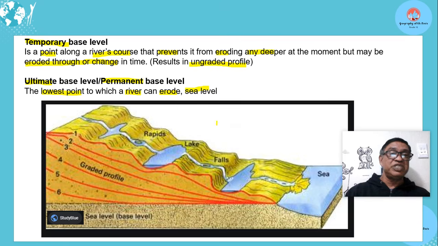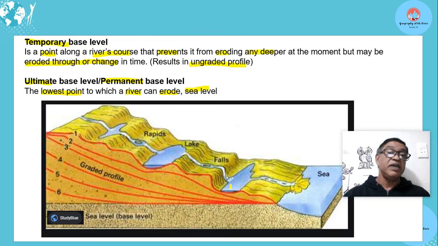Now let's put it into the sketch. Temporary, as the river flows, can you see little points or obstructions like rapids, lake, falls? These are your little obstructions or points that sometimes could prevent eroding, but through time, it will eventually erode through that. All right? Because rejuvenation will happen here. Isn't it?